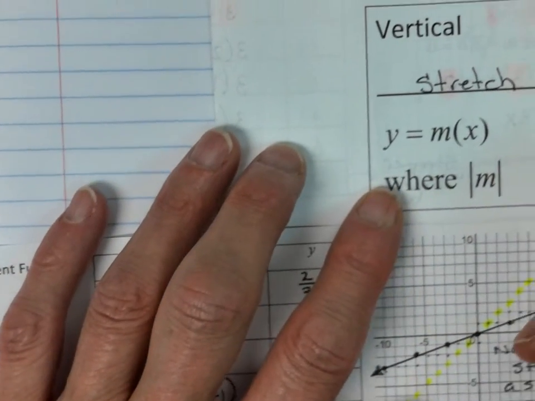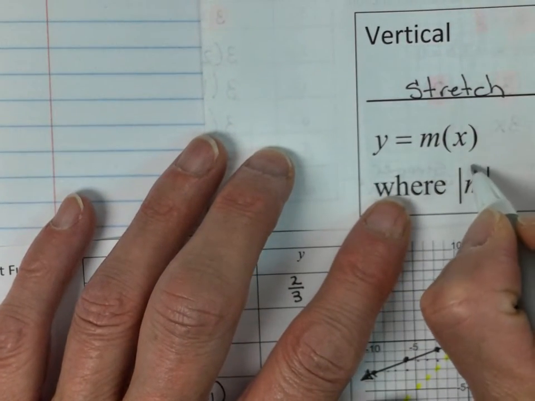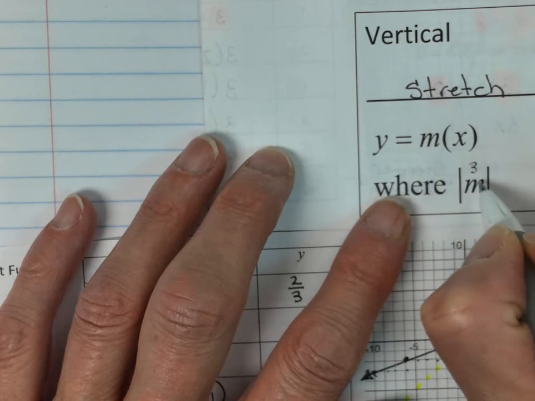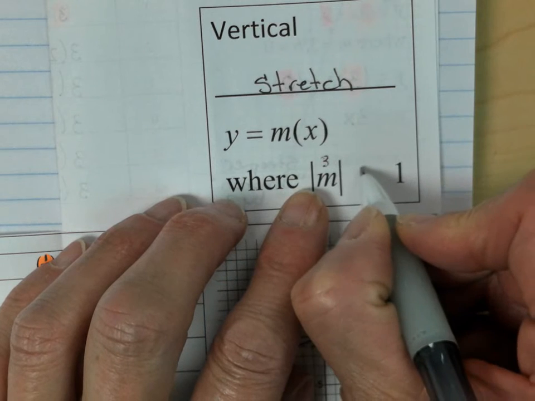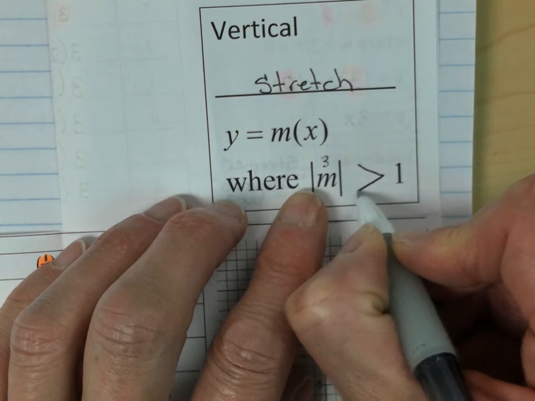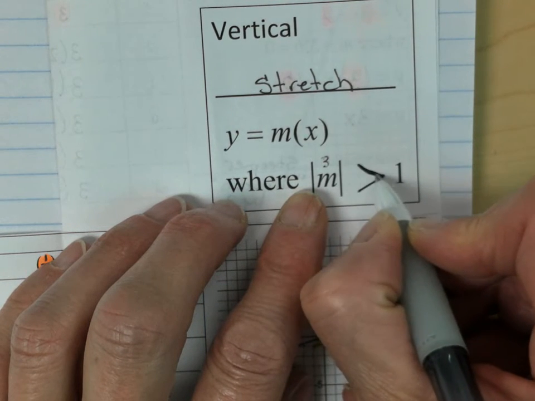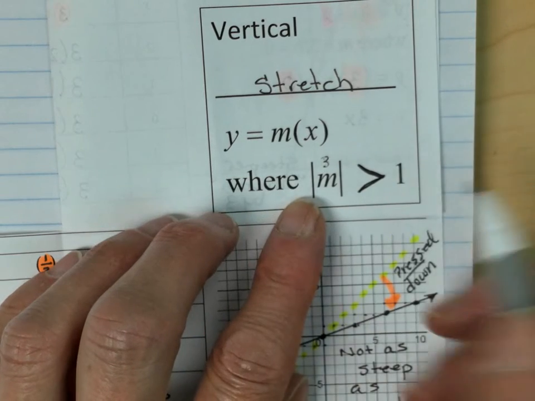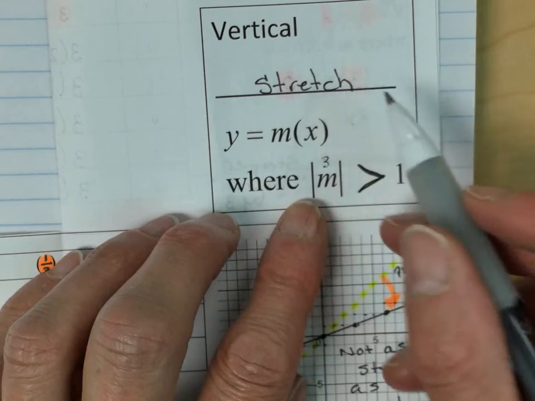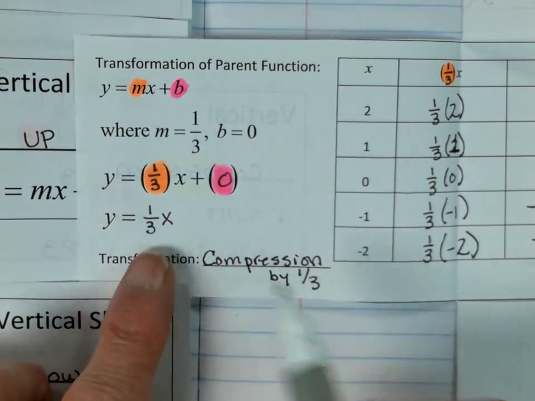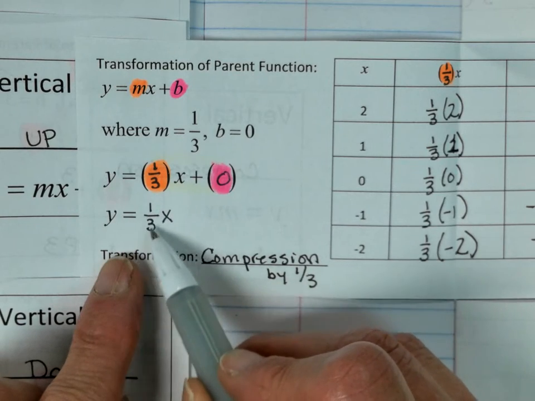So if I pretend to put the number 3 in there, the number 3 is bigger than the number 1. So if your slope is bigger than 1, it's going to be a stretch. For the one below it, let's look at that slope. That slope is 1/3.